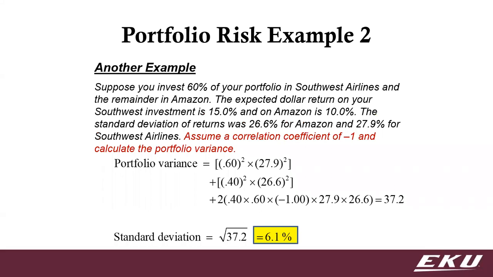You see the standard deviation drops to 6.1. This is extreme, because you're able to build the perfect portfolio with something that has a correlation coefficient of -1. This is just to show how that standard deviation can really plummet.